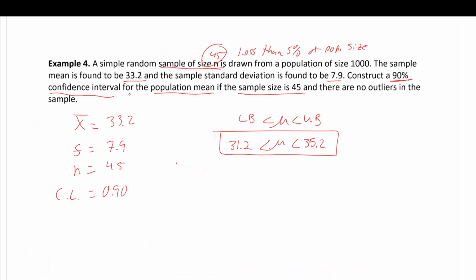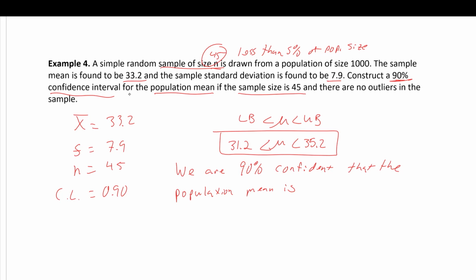So the interpretation here is we are 90% confident that the population mean, they didn't really give us any context to the problem, right?